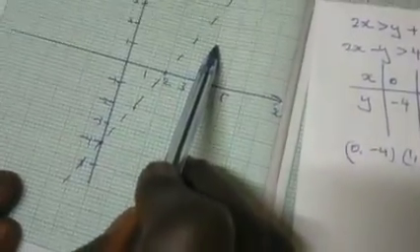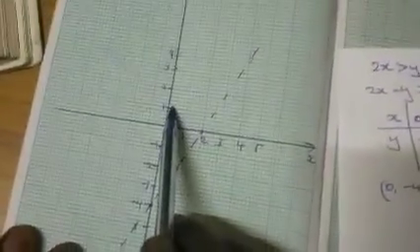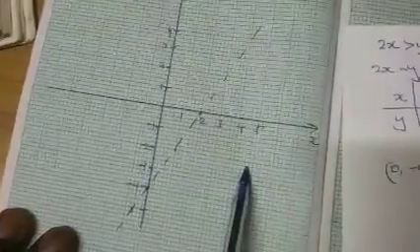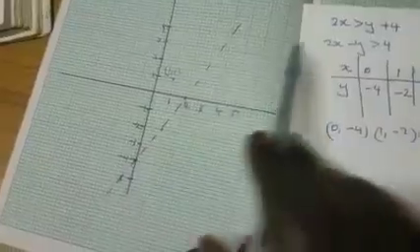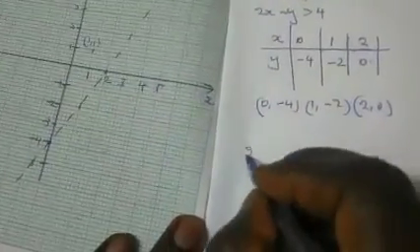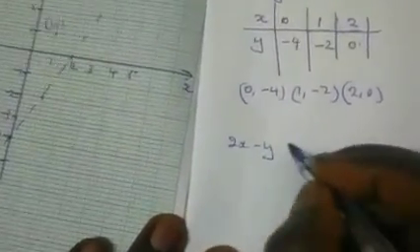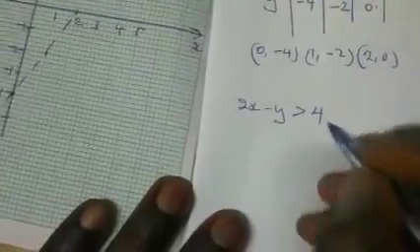Therefore, which side of this line do we shade? We pick a point above the line or a point below the line. If we pick the point above this line, for example, the point (1, 1), we substitute the values of x and y in our inequality, which says 2x minus y is greater than 4.